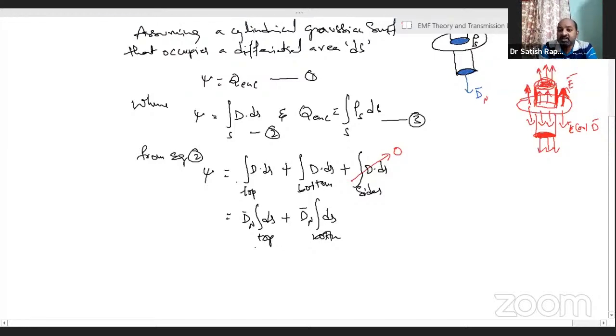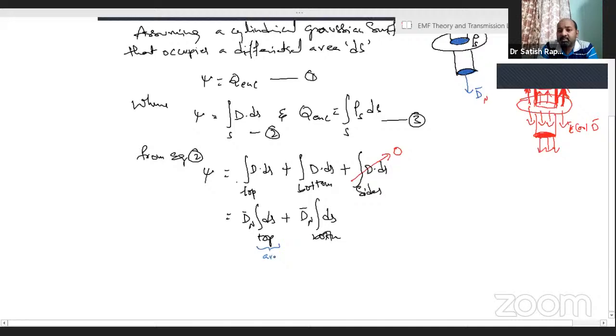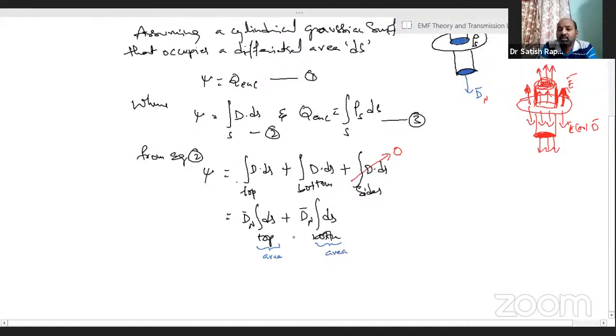So what is this? This is nothing but area, and this is nothing but area.